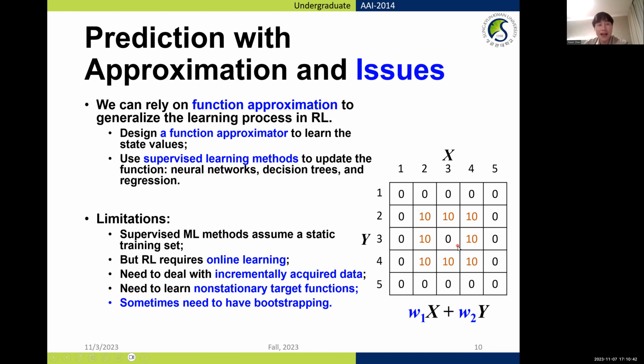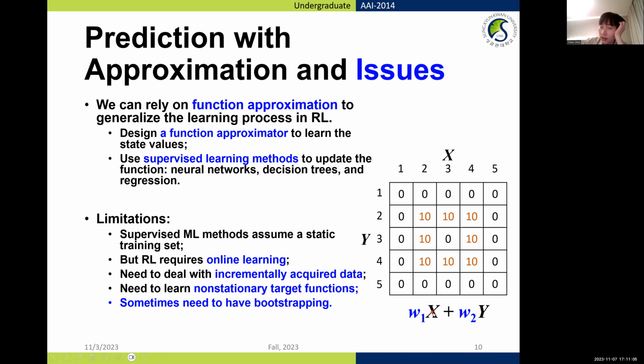So this right-hand side shows one limitation of the linear function. For example, if we have this situation, with this circle state value, we cannot use the linear function to represent the state values.